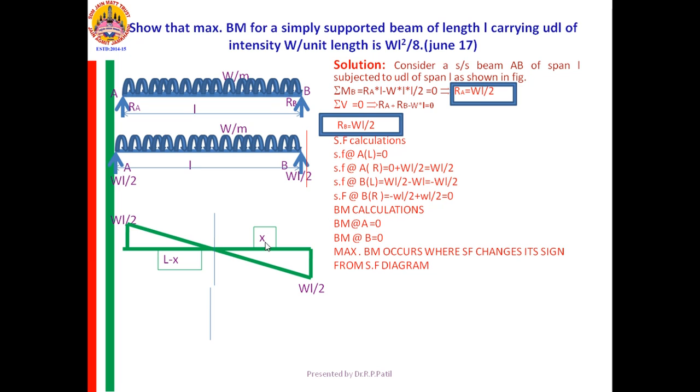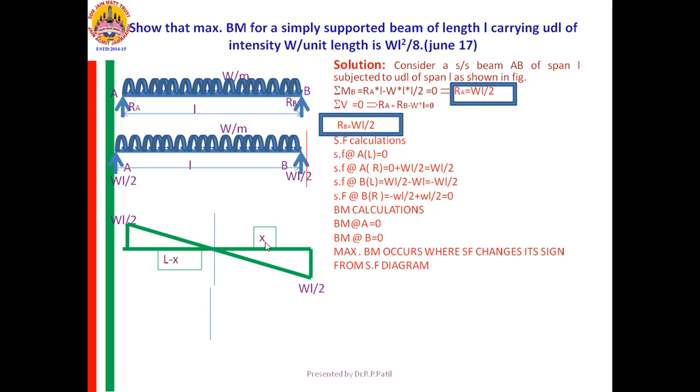SF at right of A is plus WL by 2. SF at left of B is minus WL by 2. Join it. How to join it? See the load there. Load is constant. Therefore, SF will be one order higher. Constant, higher is linear. Therefore, it is to be joined by means of a straight line, and that straight line is definitely an inclined straight line.